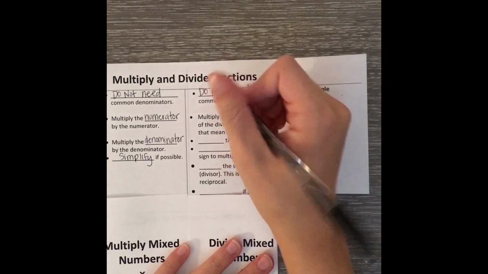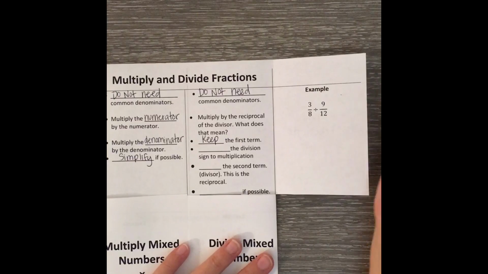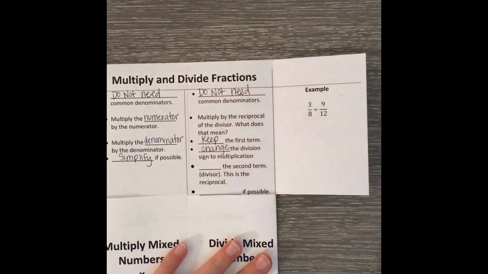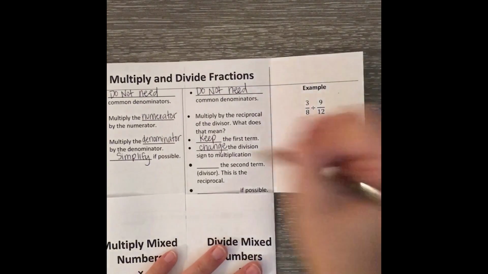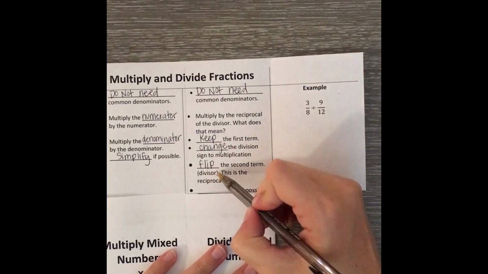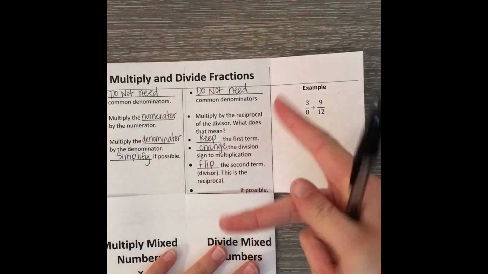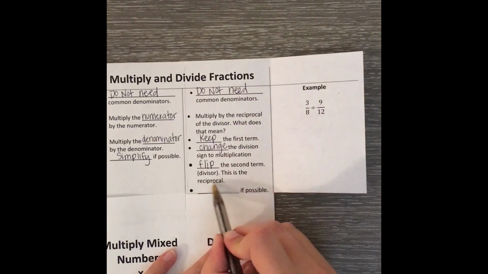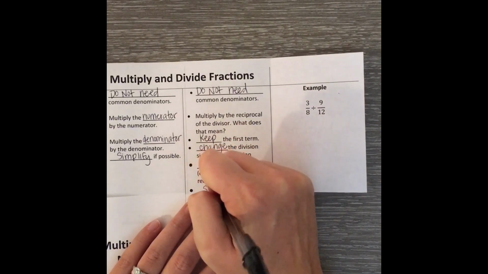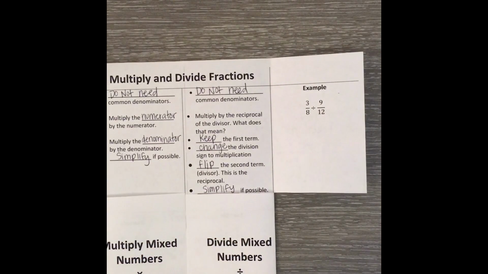Okay, so we are going to keep the first term, change the division sign to multiplication, and flip the second term, which would be the divisor, and that gives you a reciprocal. When you flip a fraction upside down, that's what we call reciprocal. And lastly, we want to simplify if possible.